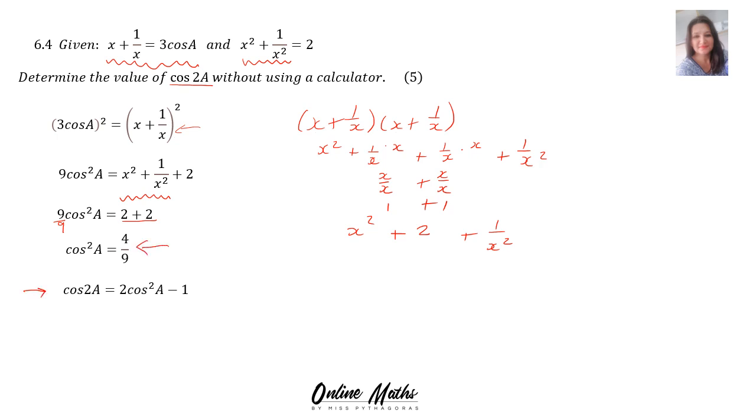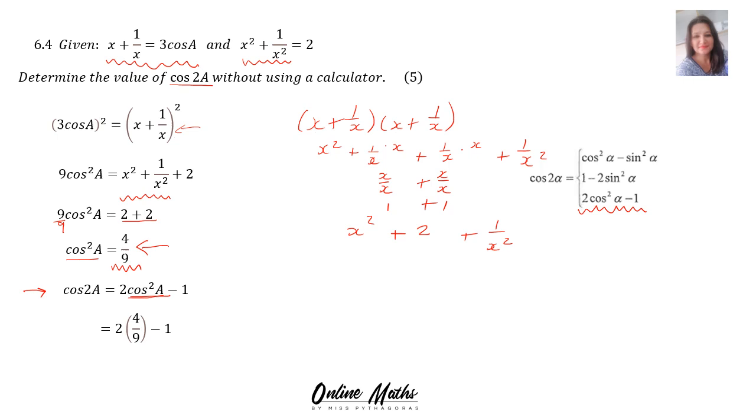Do you agree cos 2a is in fact a double angle? And cos 2a has 3 options, and I'm going to choose the 2 cos squared a minus 1 option, since the rest of my sum is all about cos. And then, can you see what happened? In the place of cos squared a, the value is 4 over 9.